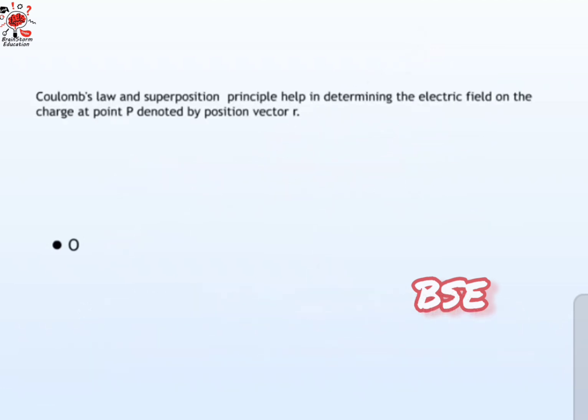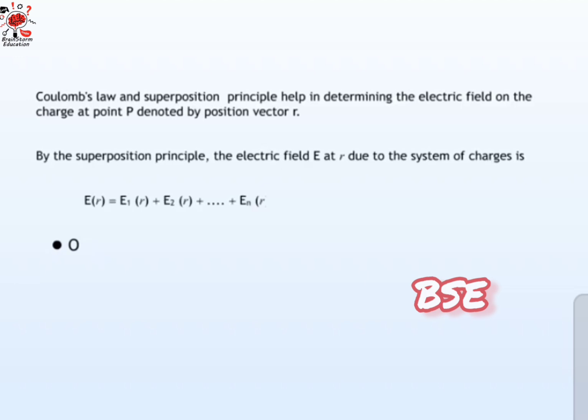Coulomb's law and the superposition principle help in determining the field at point P denoted by the position vector r. By the superposition principle, the electric field E at r due to the system of charges is E(r), which is equal to E1(r) + E2(r) + ... + En(r).